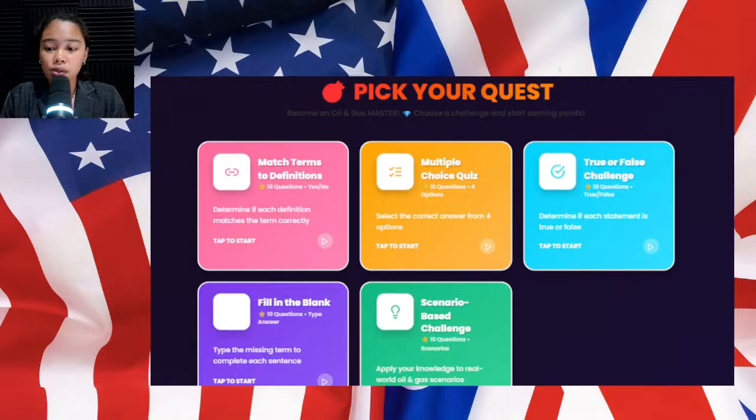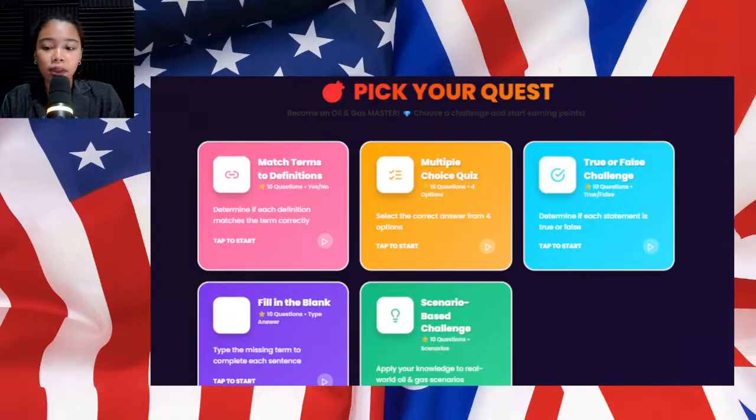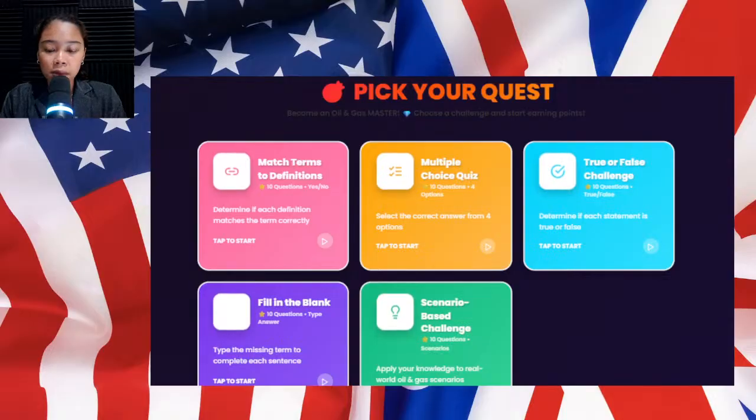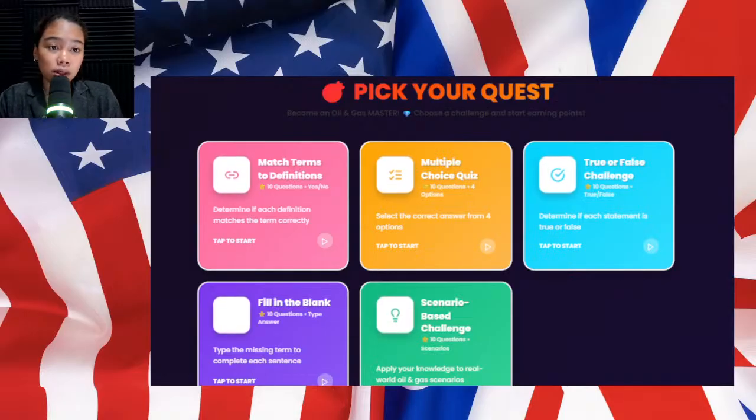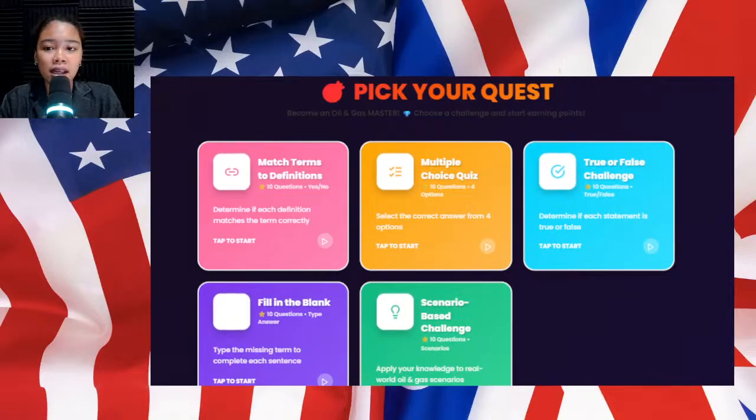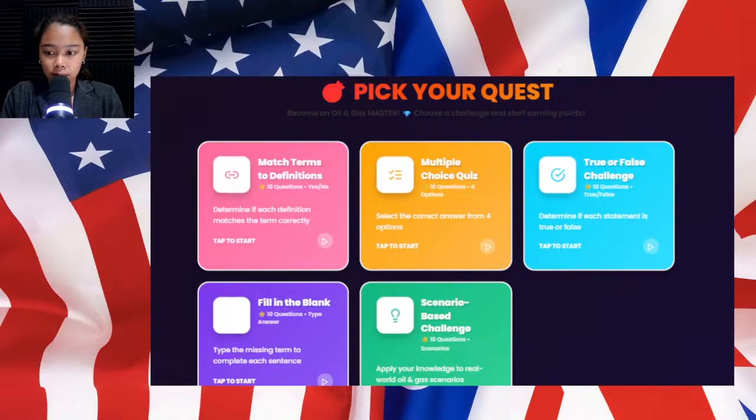After that, we also did a multiple choice quiz, in which we select the correct answer from four options, followed by the true or false challenge, which we did yesterday, in which we determine if each statement is true or false. Those are the different exercises that we did so far to check your understanding of what you have learned from our discussions on oil and gas vocabulary.